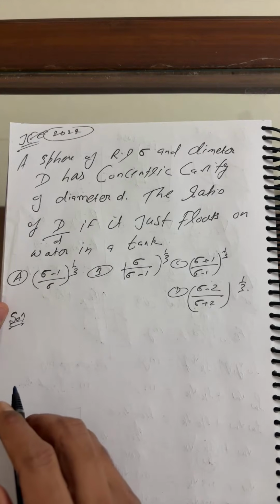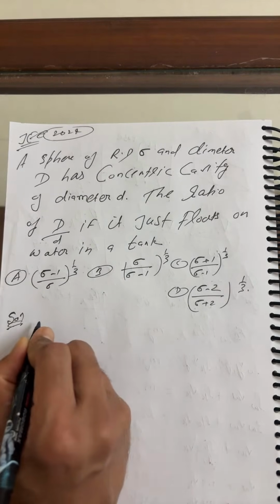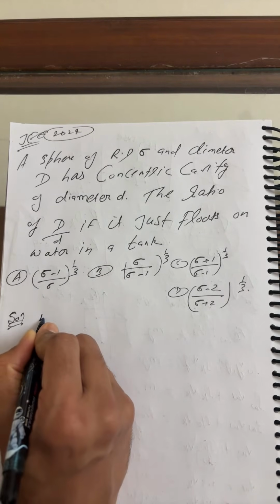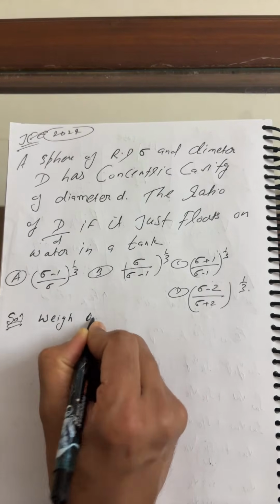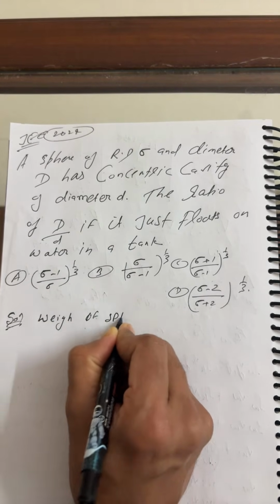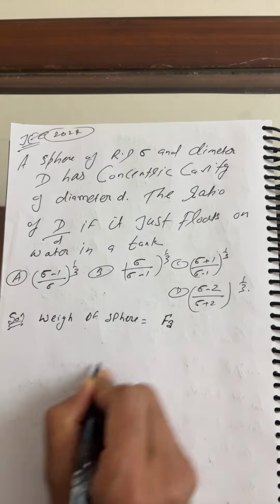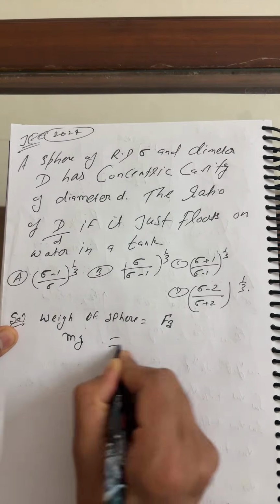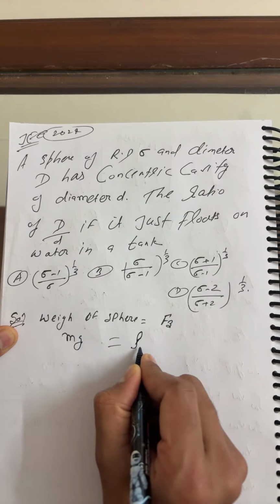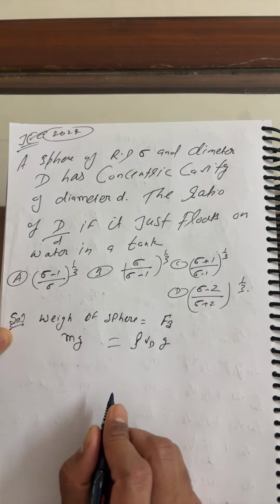Weight of the sphere is equal to buoyancy force. Weight is mg. This is rho times volume displaced times g.